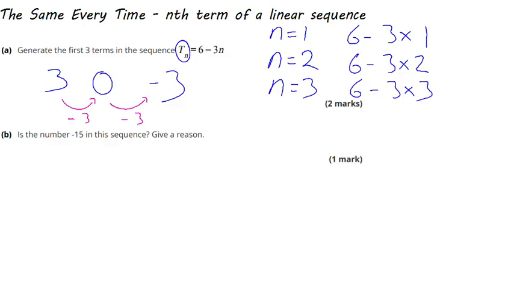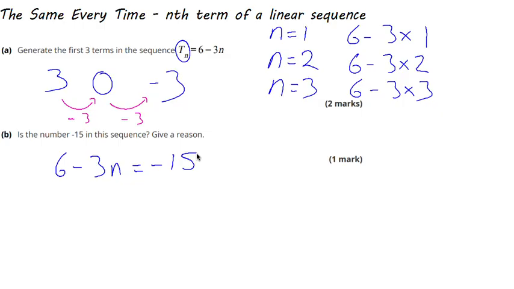We might see another way to answer that question. Remember in maths, sometimes we have more than one way of approaching the same question. So we might say, is there a term negative 15? So if I put my formula, 6 minus 3n, is there a value of n that will give me negative 15?